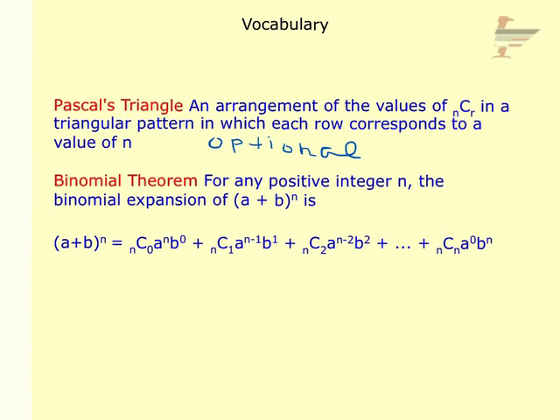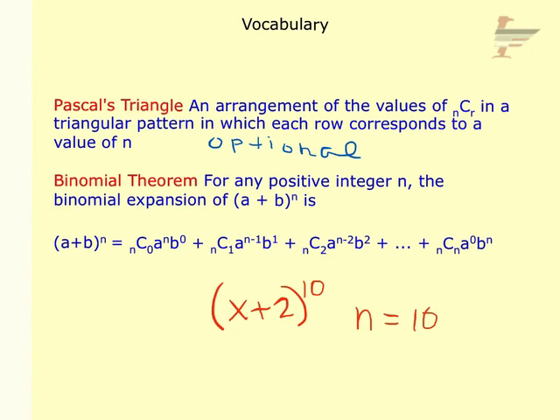All it does is it takes combinations from whatever power you're at, so let's say I had x plus 2 to the 10th power, my n would be 10. Okay, so I would do like 10 choose 0, 10 choose 1, 10 choose 2, all the way up until I got through 10 choose 10.